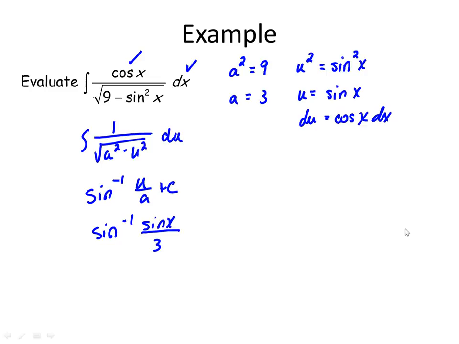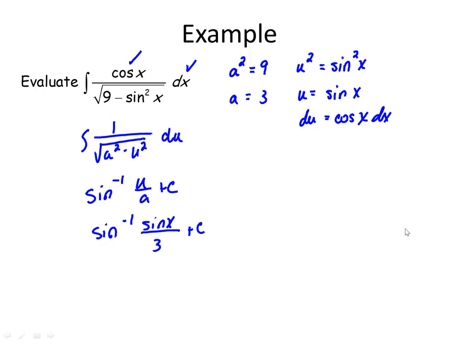So you have sine inverse of sine x over 3 plus c, of course. And remember, a lot of people think, well, I can cancel sine inverse and sine out. No, you can't, because sine x over 3 is the argument of your sine inverse. That's not multiplication, okay? So you can't cancel those out at all. So yes, that's all you can do.